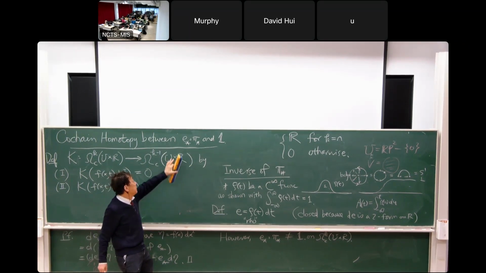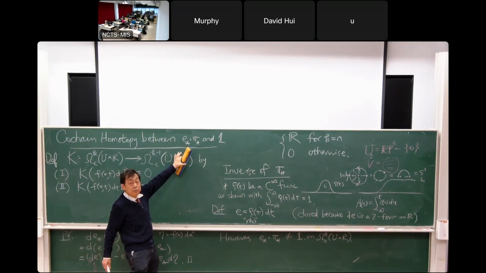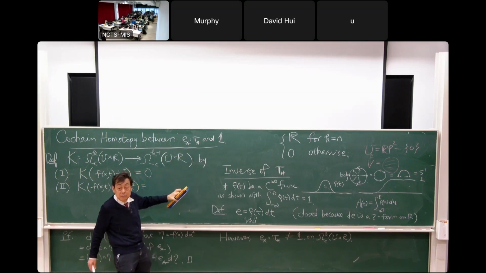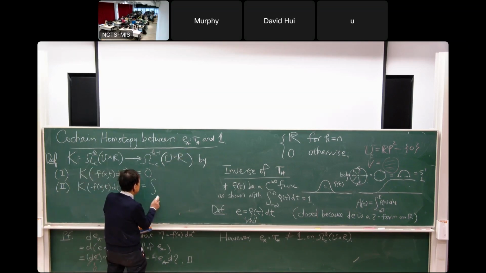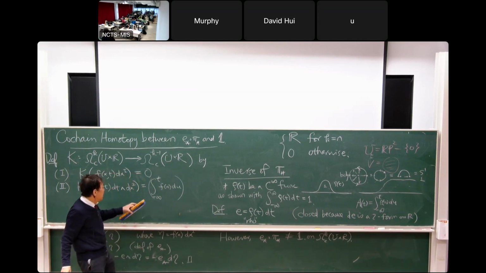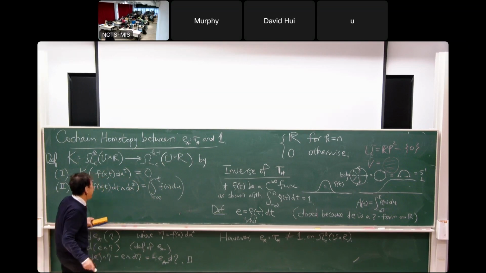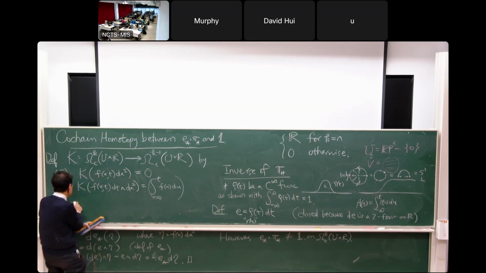Earlier, we wanted to end up in U, so we didn't want the t, and we just integrated it out. And so here, I'm going to integrate from minus infinity to t of f of u du. Okay? Because this way you still have that t.